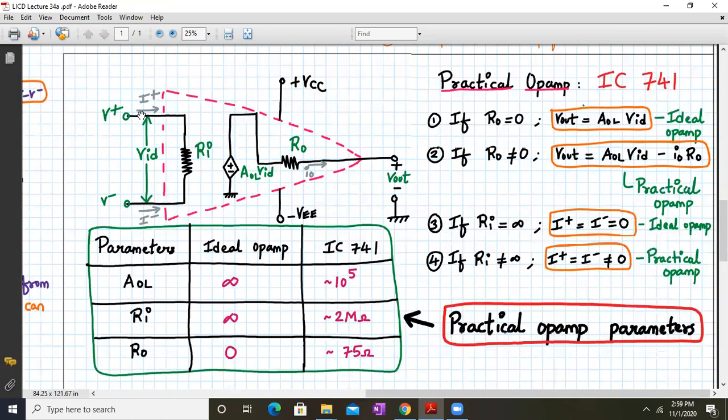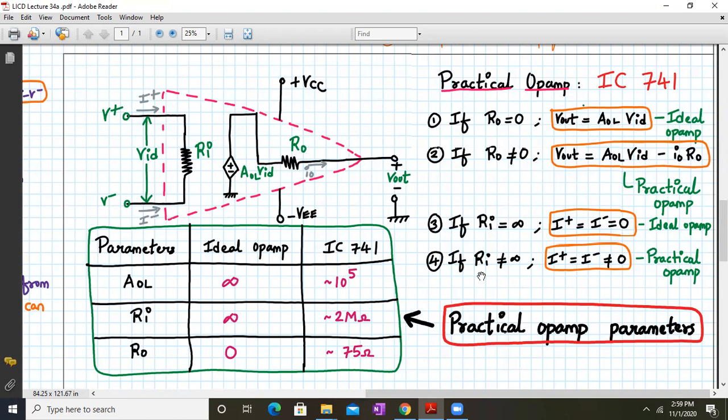That means there is some finite current flowing into the op-amp terminals. Now also the Io is present. So your Vout will be AOL into VID minus Io into Ro. So for a practical op-amp, we have the output expression given by this formula.